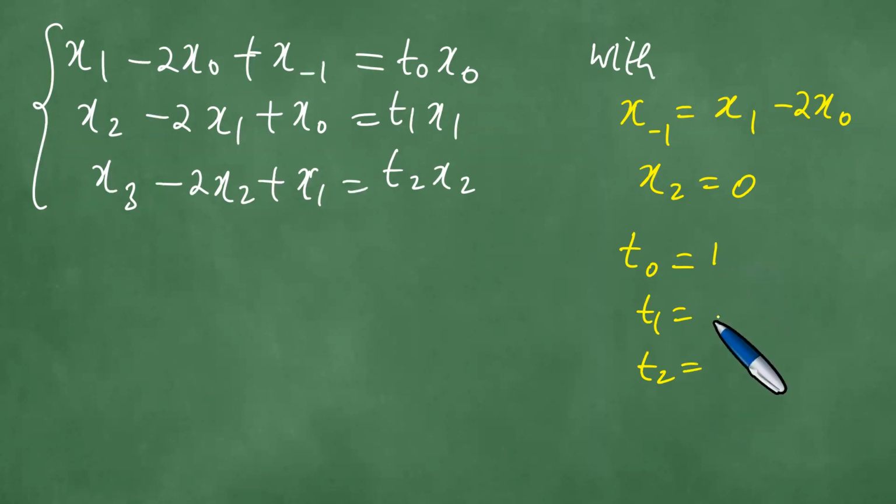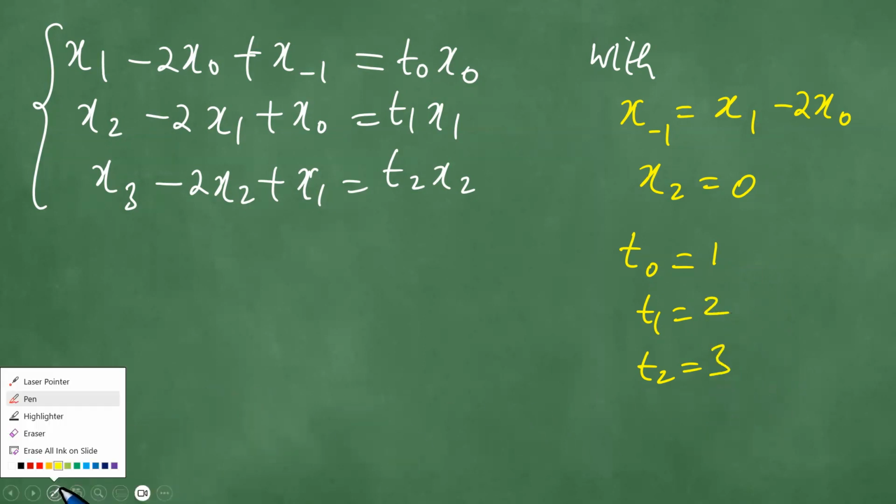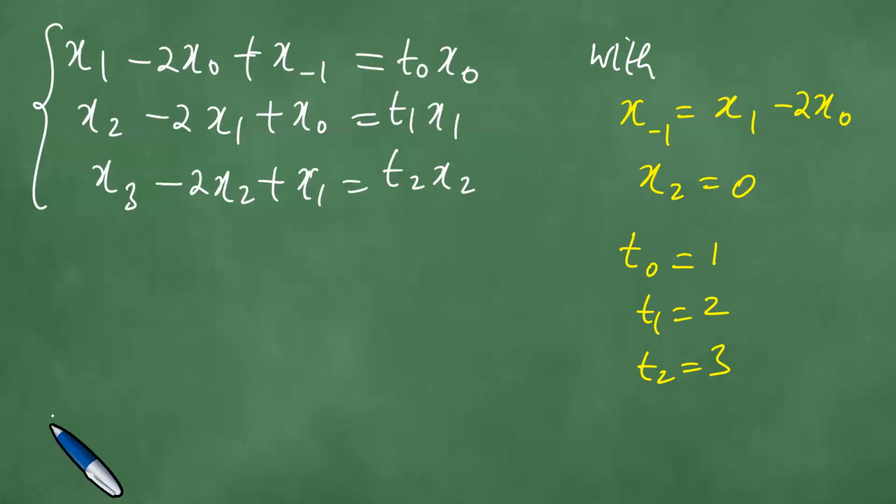The t0 is 1, and then you add h, and then you add another h. So which means, therefore, you have x1, write x1 here, minus 2x naught.